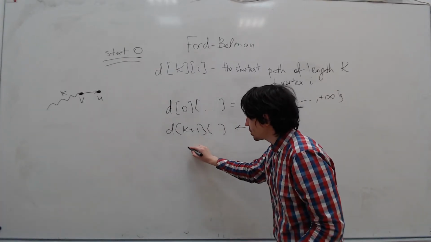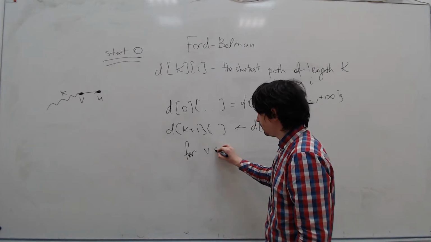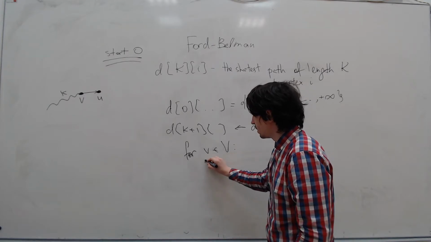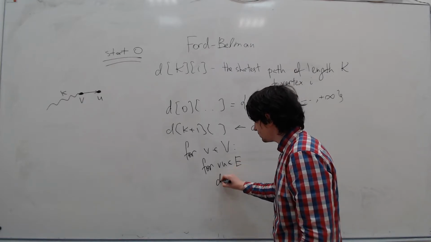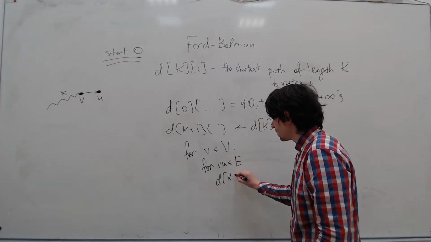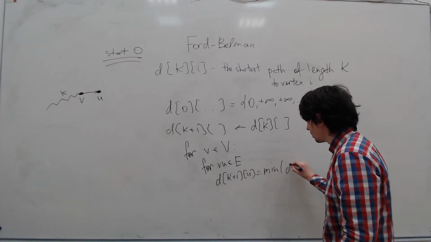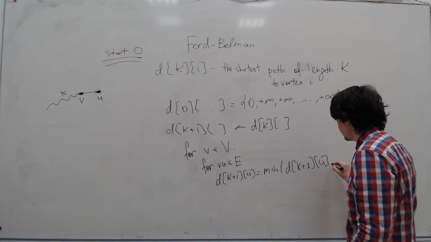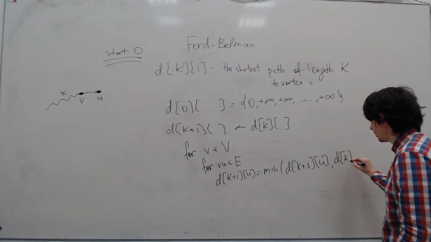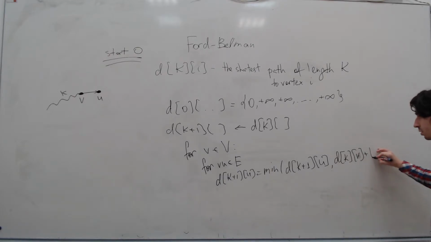So the recalculation will be simple. For all the vertices, for vu, d of k plus 1 of u equals the minimum of d of k plus 1 of u and d of k of v plus weight of uv, of vu, sorry.